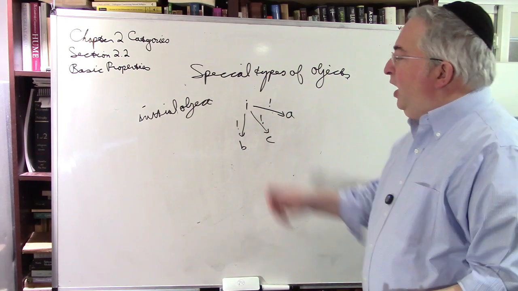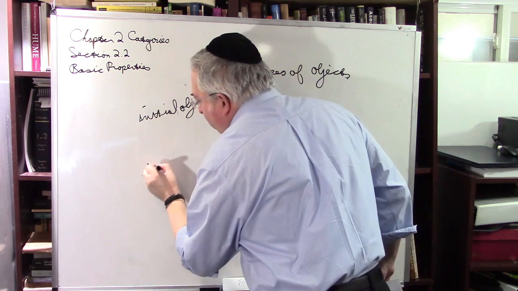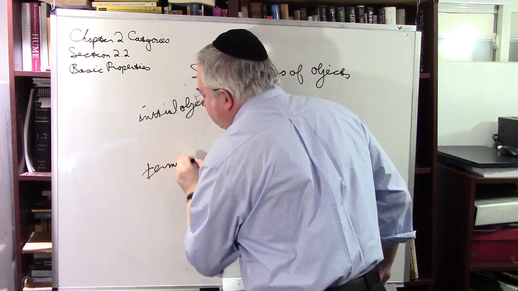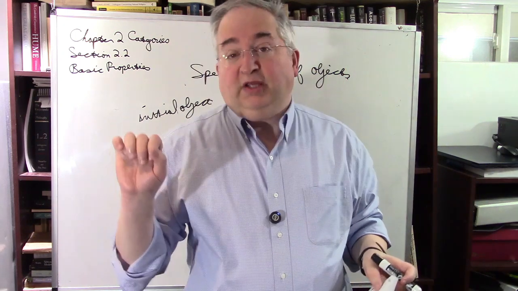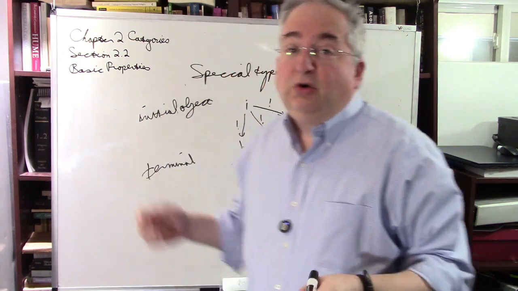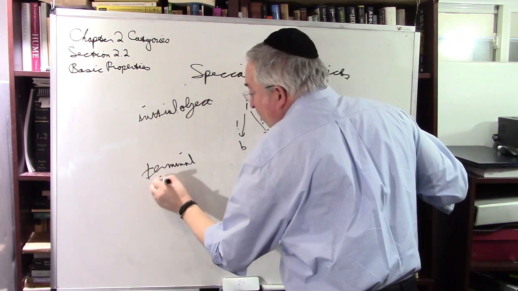When this is true, I is called an initial object. Great. Just like epimorphism and monomorphism is turning the arrows around, so too we can turn the arrows around for an initial object, and we can talk about a terminal object.